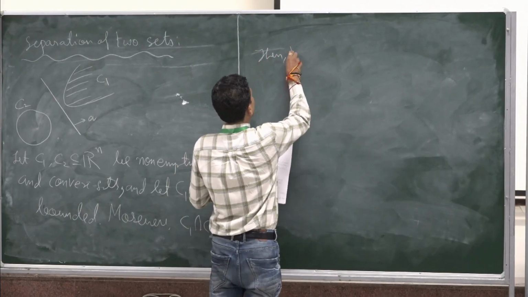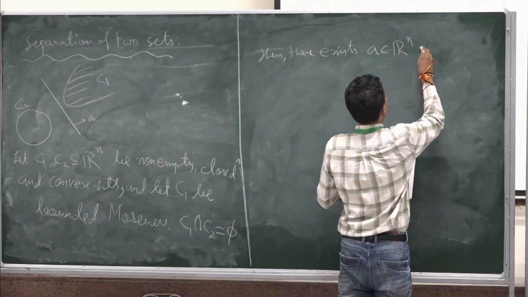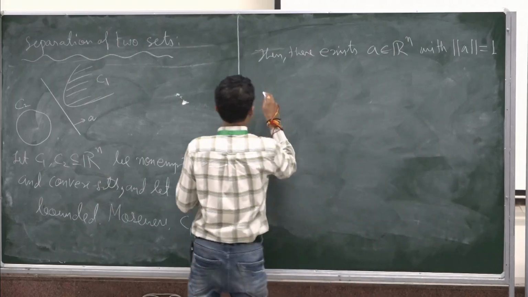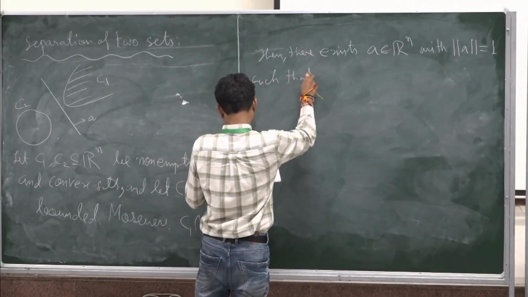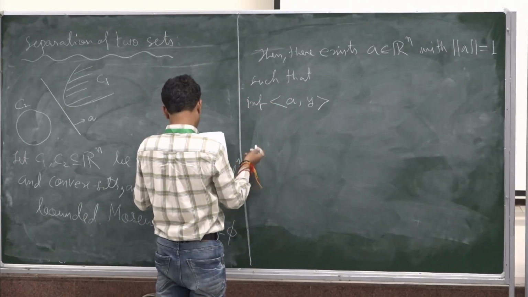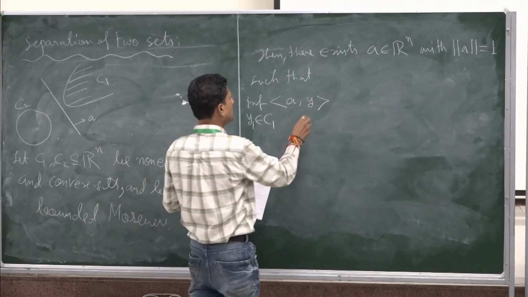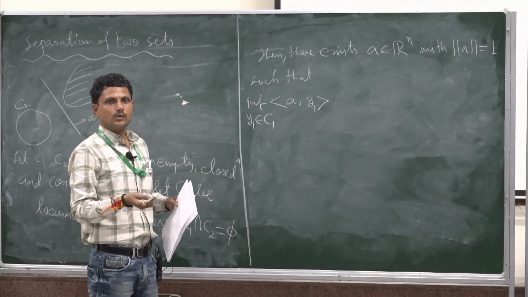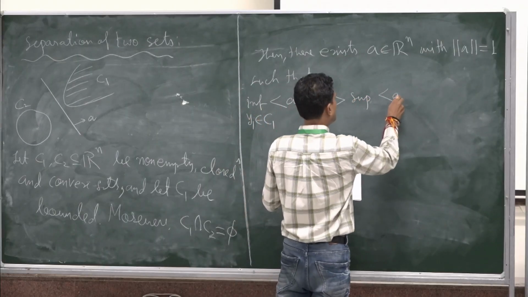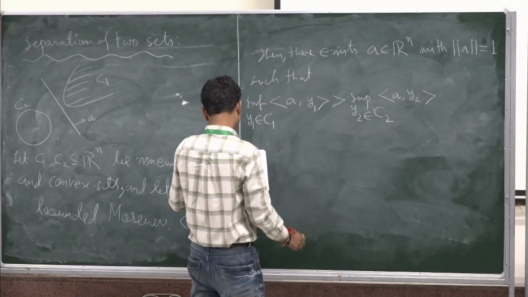So then there exists some A in Rn, the unit vector, such that we can write the infimum of A of y1, with y1 in C1, is greater than the supremum of A of y2, where y2 is a point in C2, right?